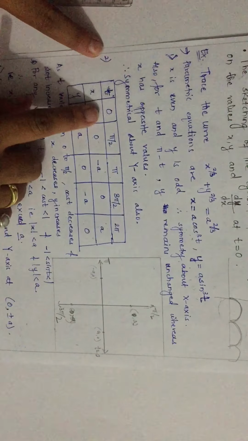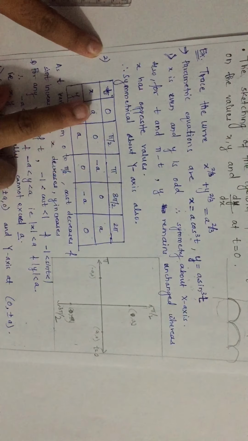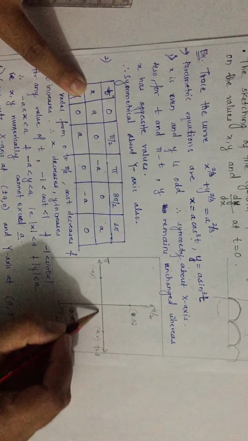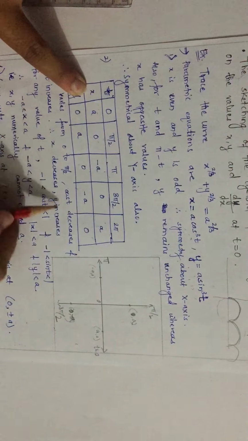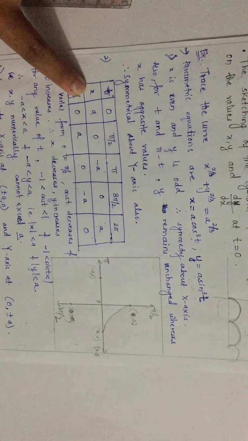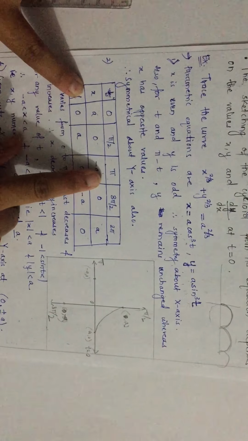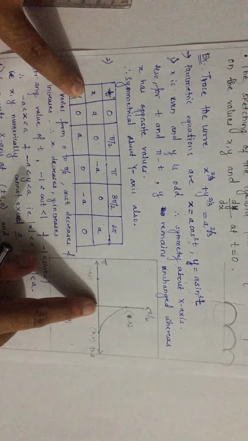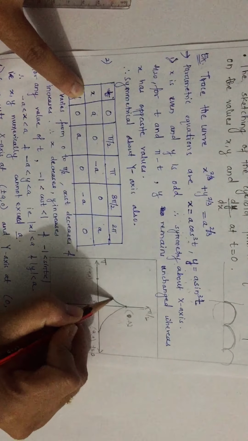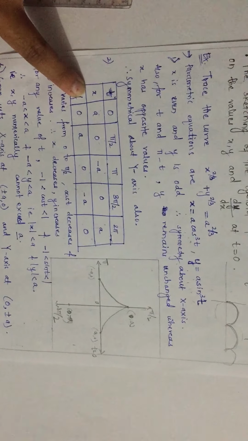We also know how it varies between 0 to pi by 2. Between 0 to pi by 2, x goes from a to 0, means it is decreasing, whereas y is increasing. So I can say this curve will proceed like this. Then from pi by 2 to pi, x goes from 0 to minus a, it is decreasing, and y is also decreasing. So I can say this curve will go decreasing like this.